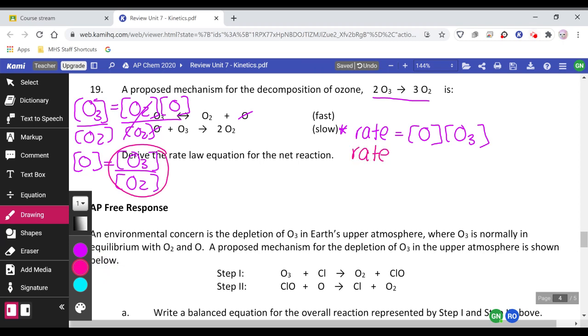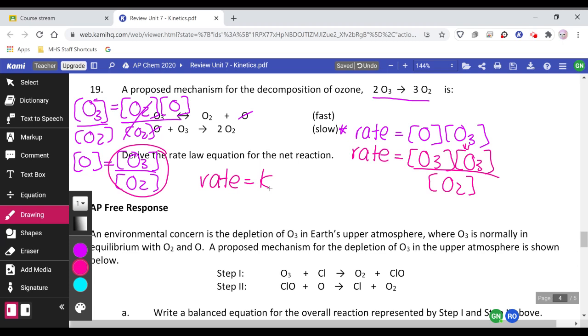Okay, so we'll have rate equals the concentration of O3 times the concentration of O3. We still have to bring this down over the concentration of O2, and then we just need to combine those O3s. And so we get an overall rate equals, and we left k off.